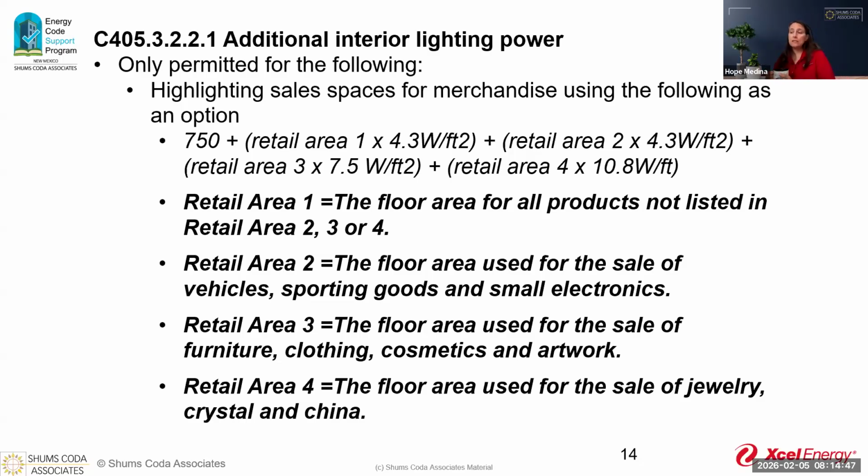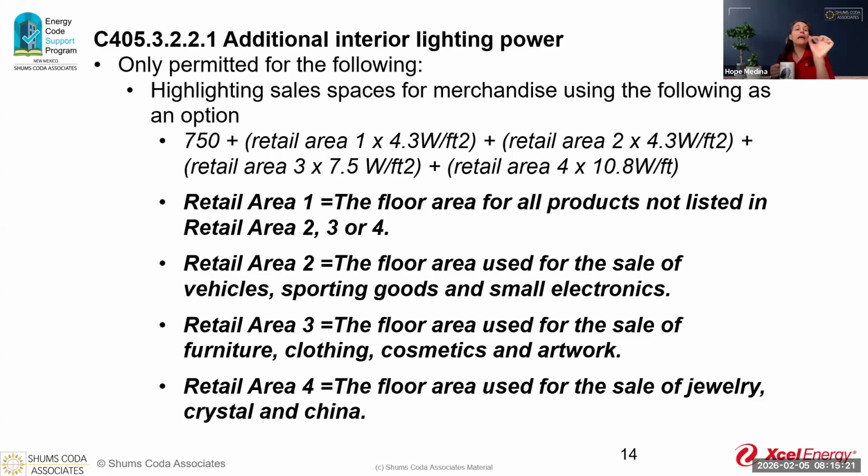So if you're selling merchandise, you get to add this additional wattage in the merchandise area that it pertains to, whatever type of goods you are selling, but it does allow you to have that lighting in there. So sometimes, when you have a big store, there will be a lot of lighting that's involved, and they could potentially be okay because they're using this method.